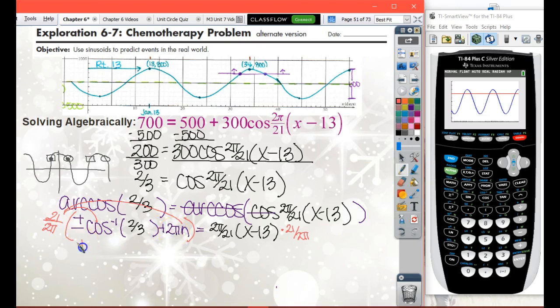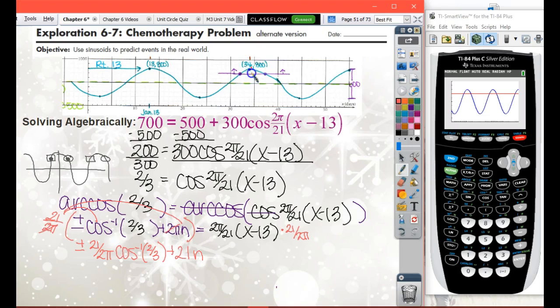From here I'm going to have plus or minus 21 over 2 pi times the cosine inverse of 2/3. And right here is where what we're adding is going to change to make more sense in terms of our problem. And so the 2 pi's are going to cancel, and I'm left with 21n.